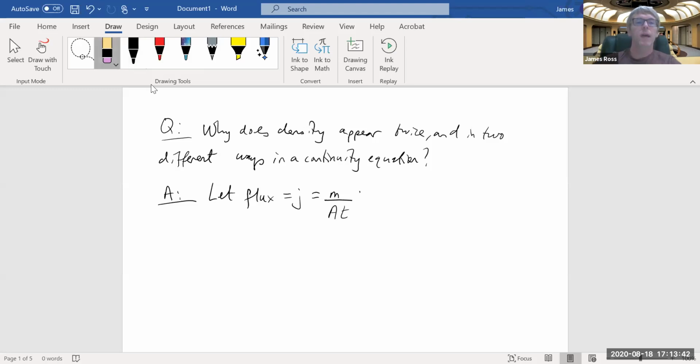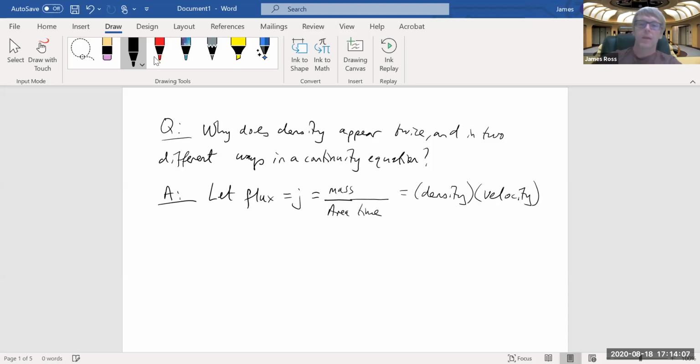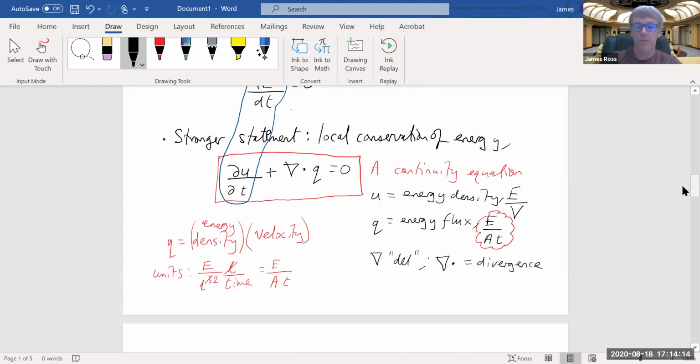So let's actually write that out in full. Mass per unit area per unit time is density times velocity, exactly the way I've shown here.